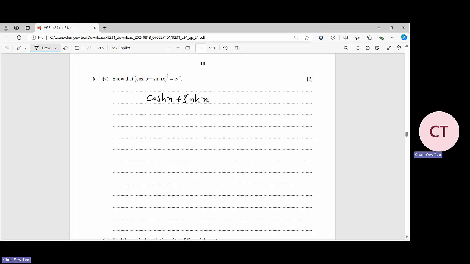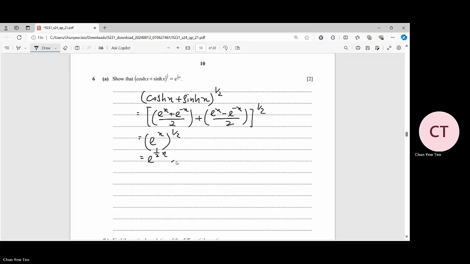Since the expression involves e to the power of half x, we will just use the definitions of cos, e power x plus e to the power of negative x over 2, and then sine is e to the power of x minus e to the power of negative x over 2, power half. So if you simplify them, you get only e power x power half. Therefore, you get e power half x. Shown. That is the answer for part A.